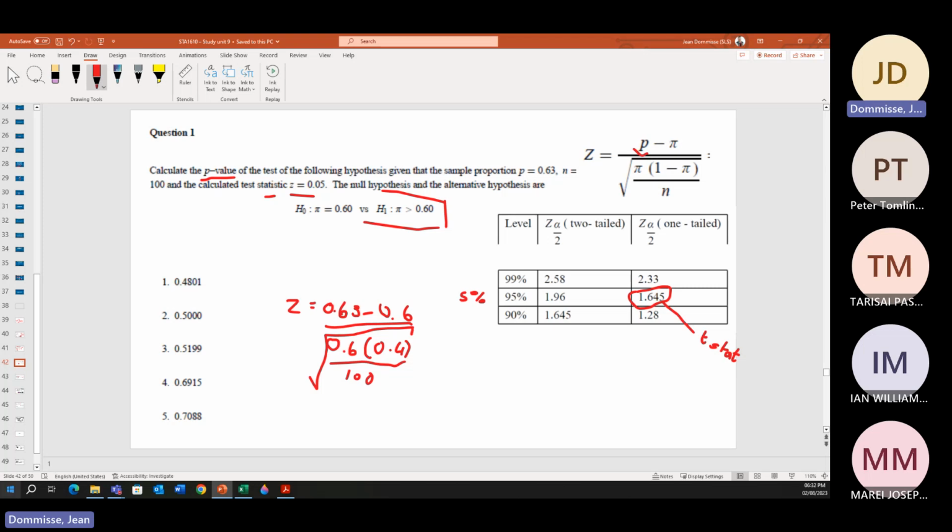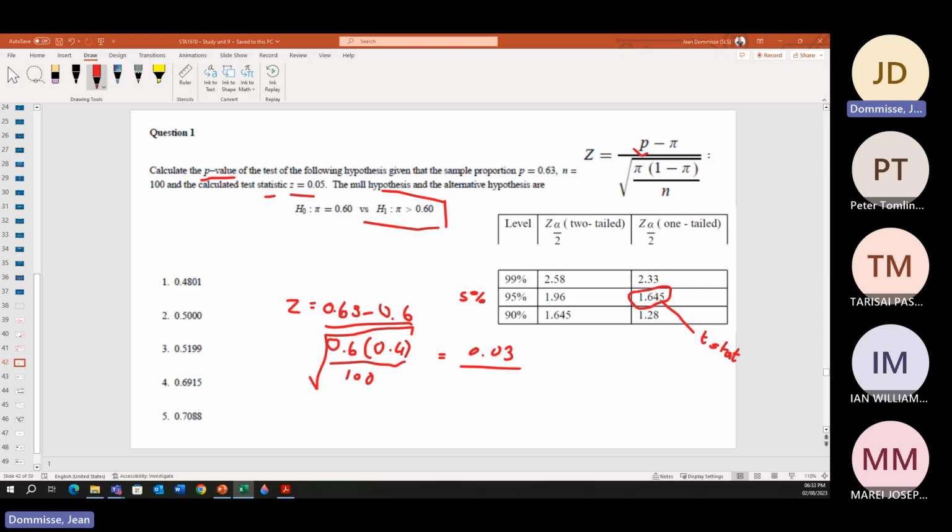Okay, so and I will split it a bit. So 0.63 minus 0.6 is 0.03. At least the value is positive.